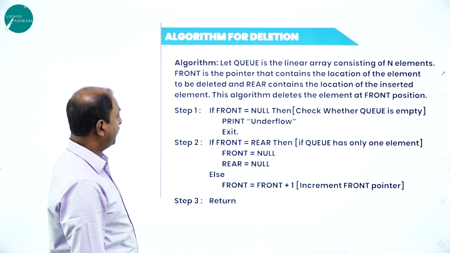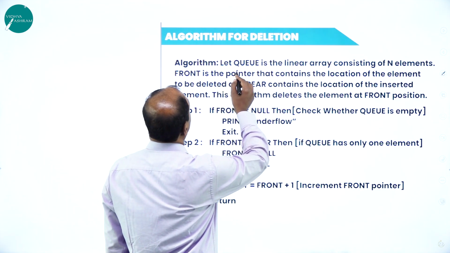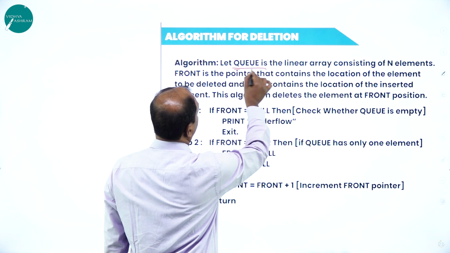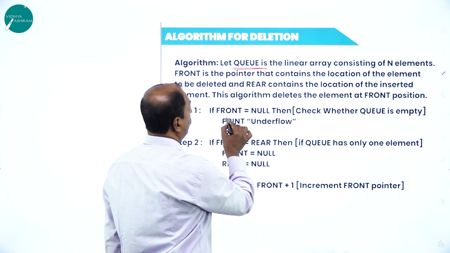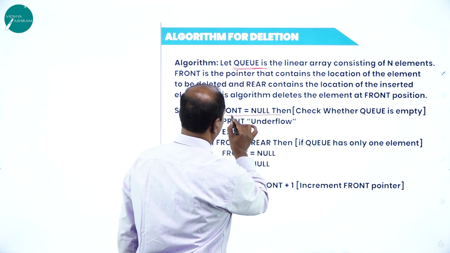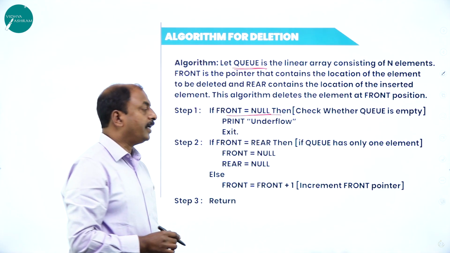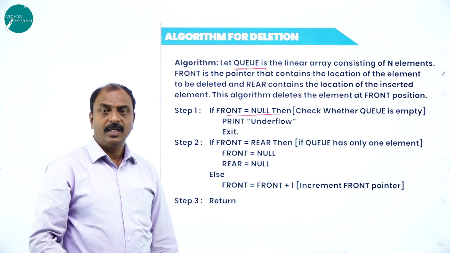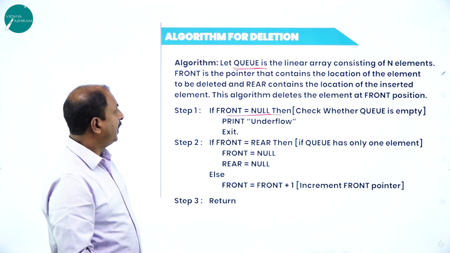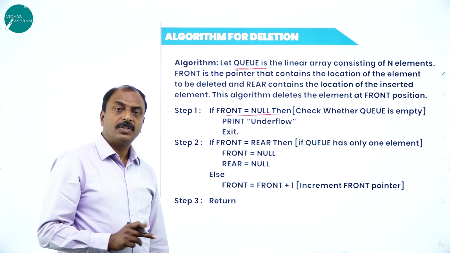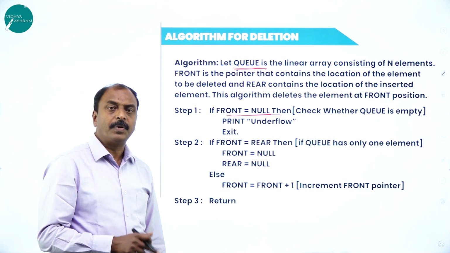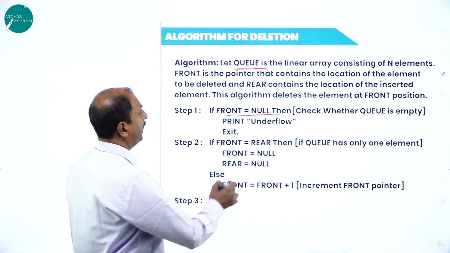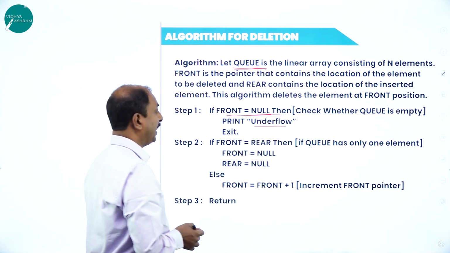Next is the operation for deletion of an element. Here first we have to check if front equals null. If front equals null, it is nothing but an empty queue. Front is a pointer, and null is 0. If the front pointer points to null, it means it is an underflow, or empty.